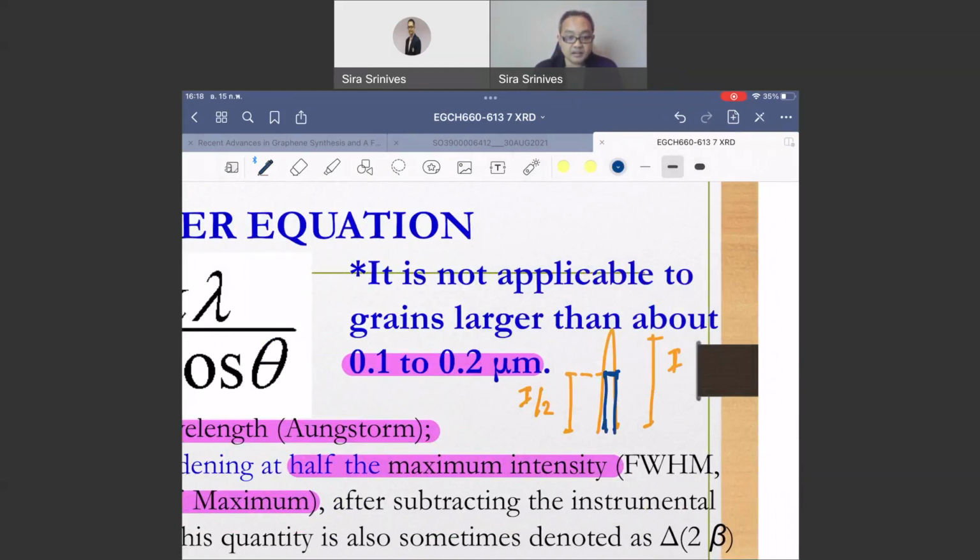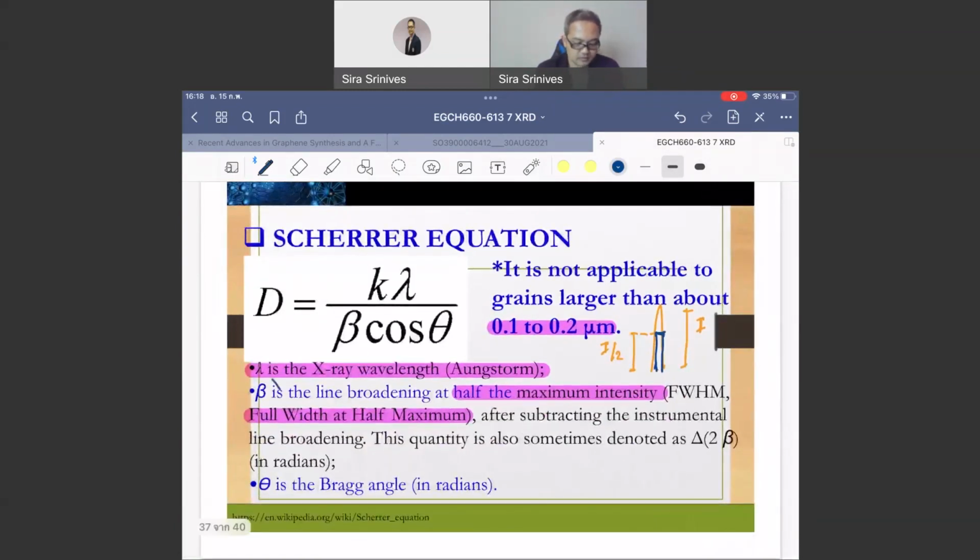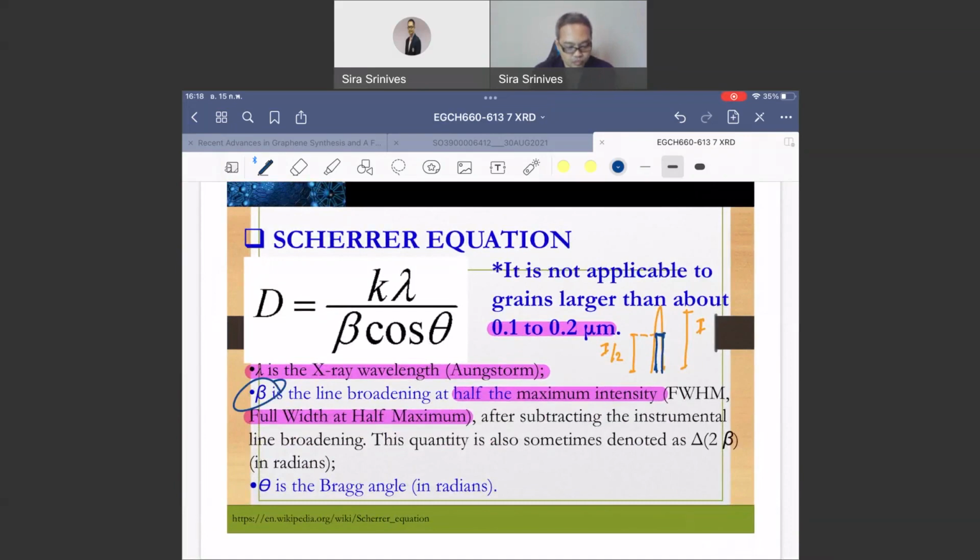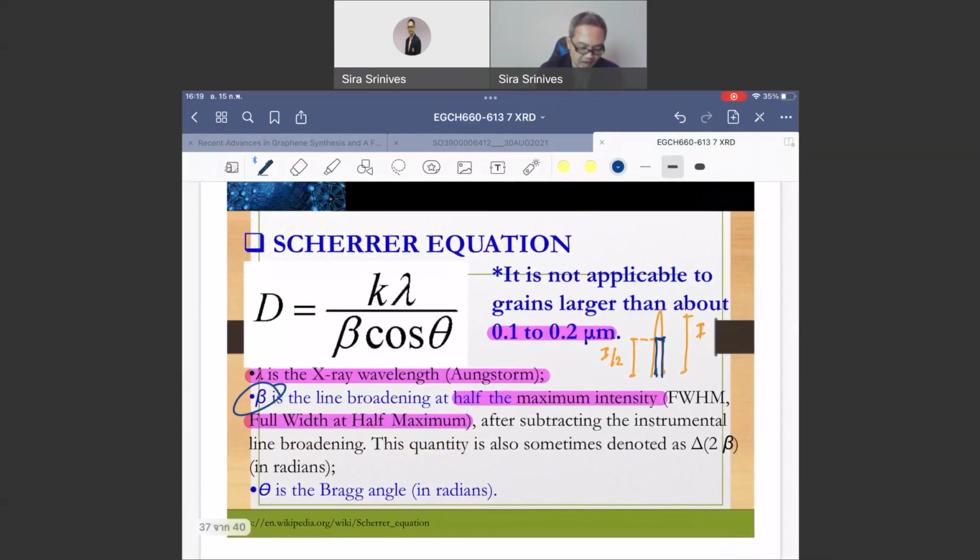That would be beta. And theta is the Bragg angle, which is the tip of your peak.